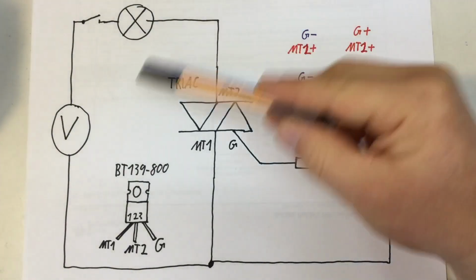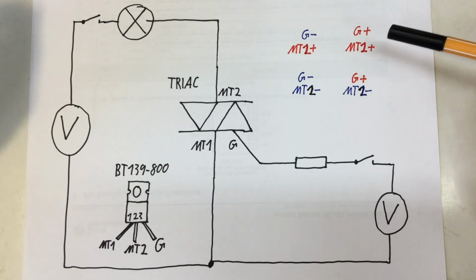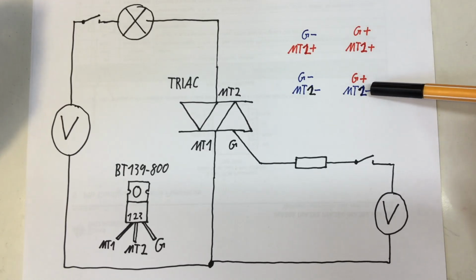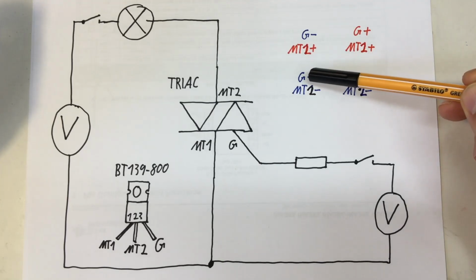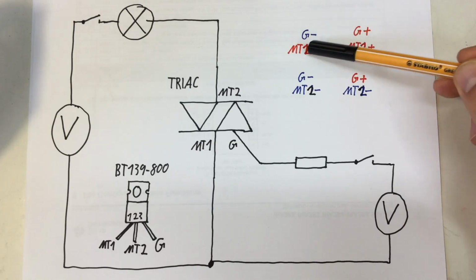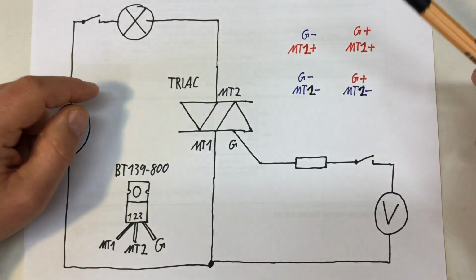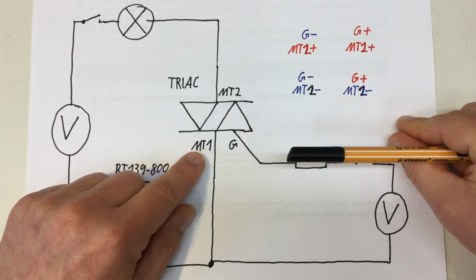So I ran that little circuit in 4 different configurations. Gate positive, main terminal 2 positive; gate positive, main terminal 2 negative; gate negative, main terminal 2 negative; and main terminal 2 positive and gate negative. Always in reference to main terminal 1.